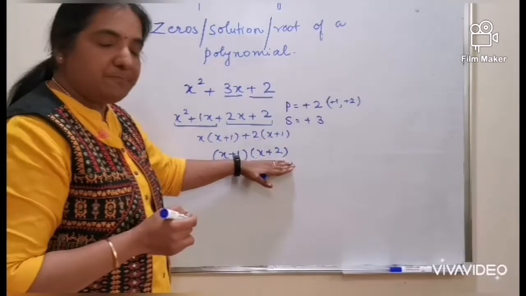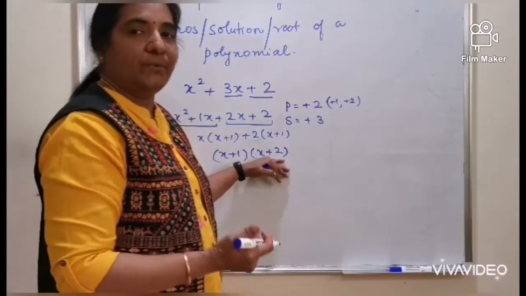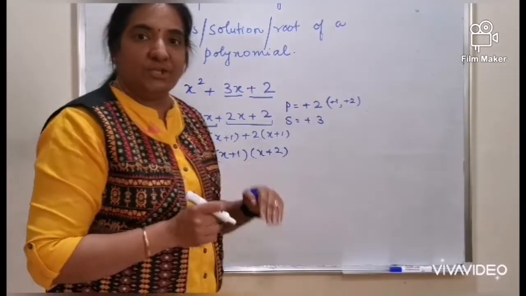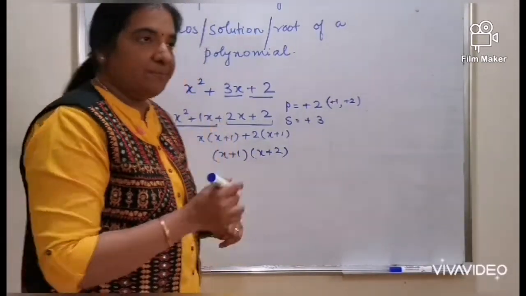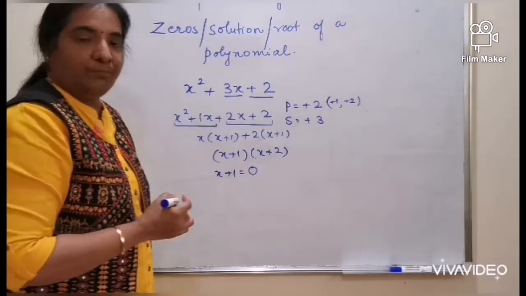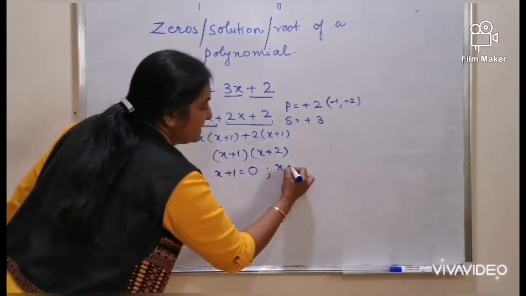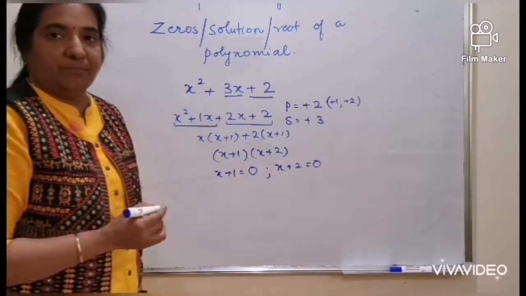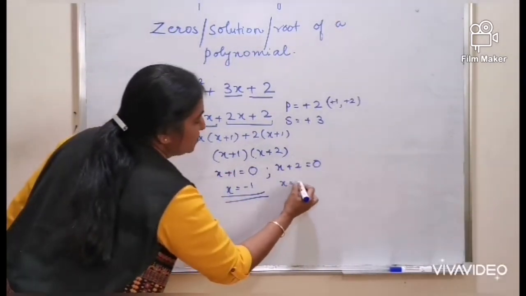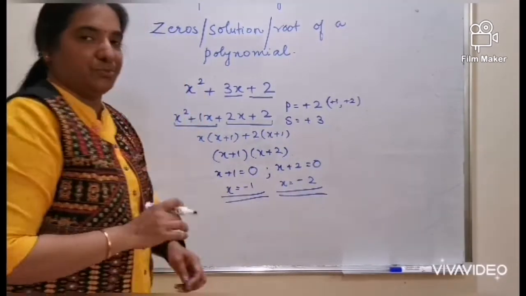Now, what are the zeros? The zeros of this polynomial are those values of the variable which make the polynomial a zero polynomial, meaning either x plus 1 can be 0 or x plus 2 can be 0. That is, x takes the value of minus 1 and minus 2.